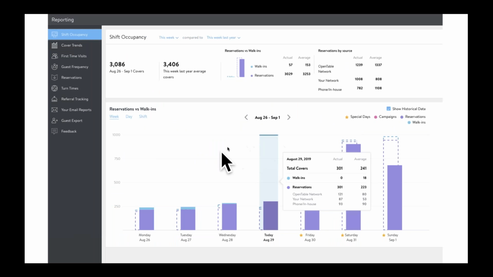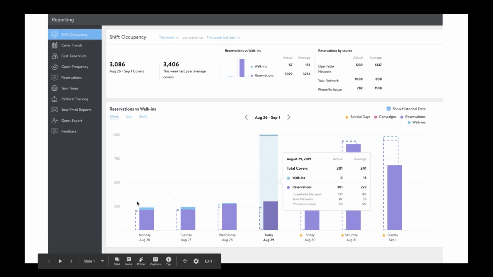Now, the second portion of this reservation versus walk-in is where you can dive deep into each particular week, day, or shift. If you're looking at this reservation versus walk-in report, today and the previous 3 days, for example Monday the 26th, we have a chart with solid colors, the aqua color and the purple color.